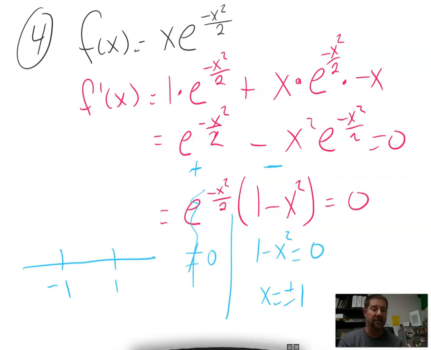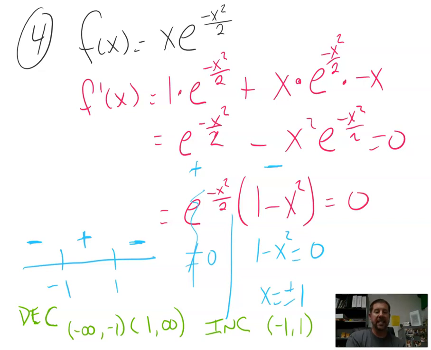So I get a positive times a negative, which is a negative. If I plug in a value between negative 1 and 1, like 0, e to that is positive, and 1 minus 0 is positive. And then if I plug in something bigger than 1, like 5, that's going to be negative again.